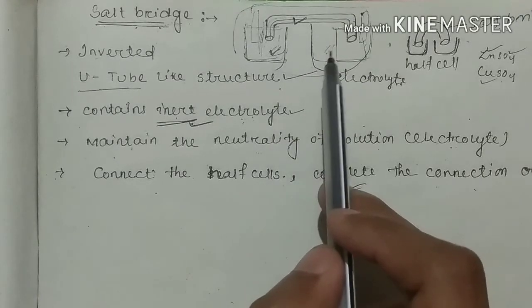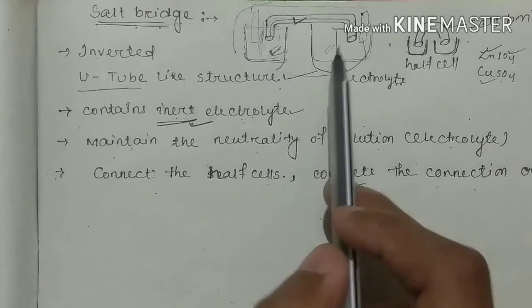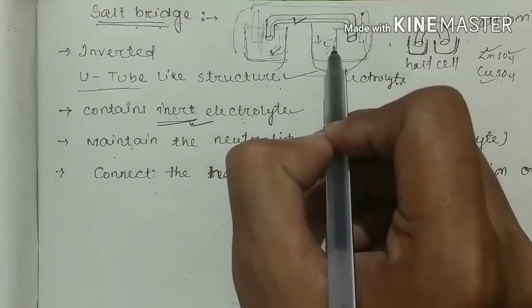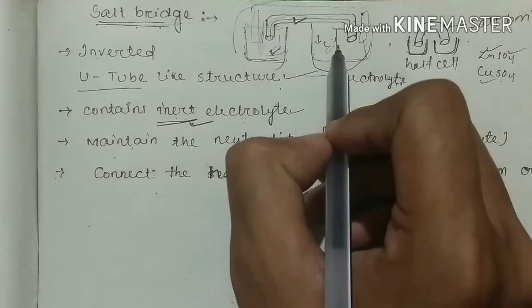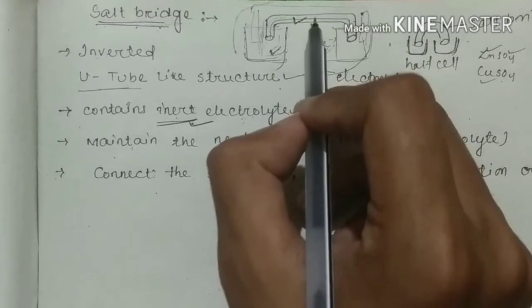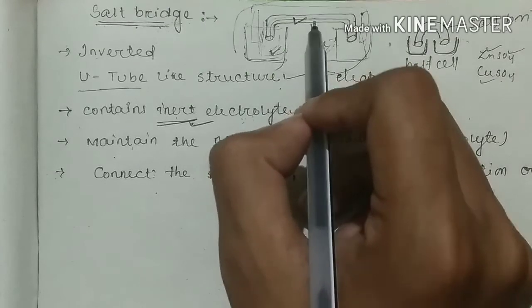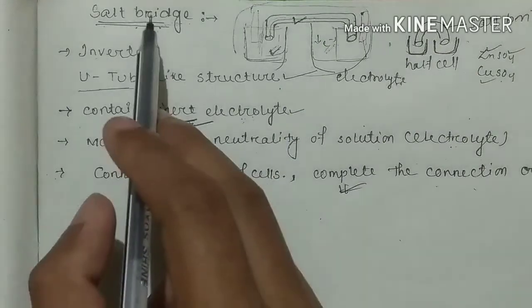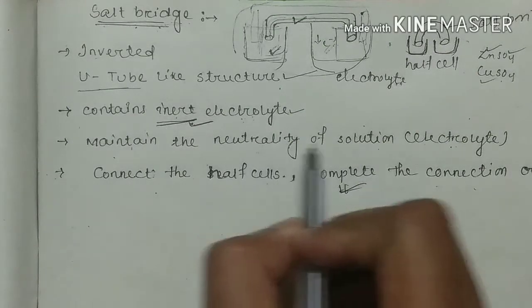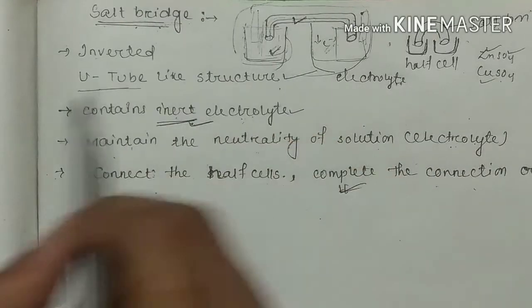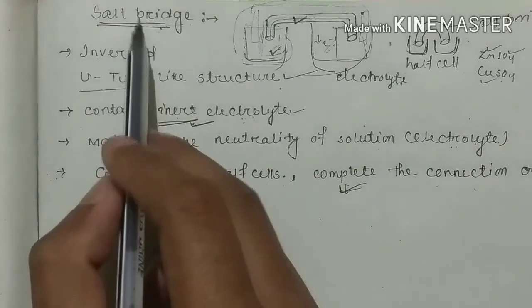The half cell in which reduction is taking place accepts the electrons, so the extra charge will be neutralized by the ions of the salt bridge. So the salt bridge acts as the neutralizing factor and maintains the neutrality of the electrolyte present in the half cell. These are the main points of the salt bridge.